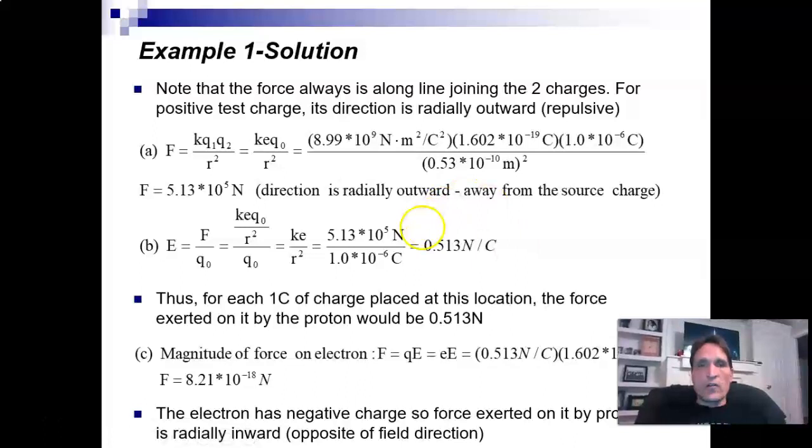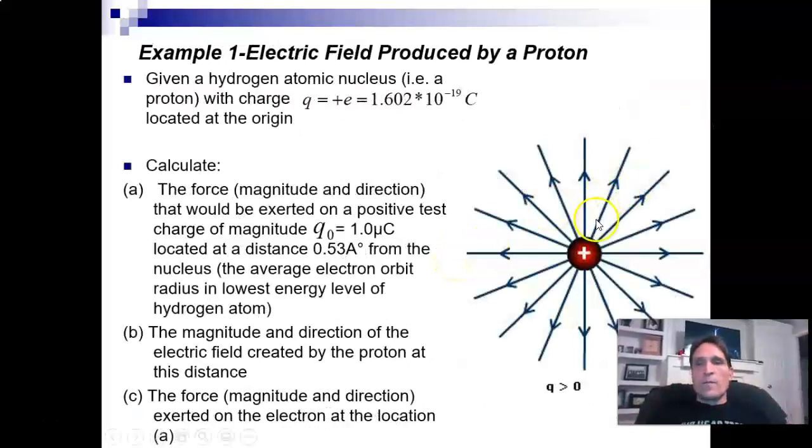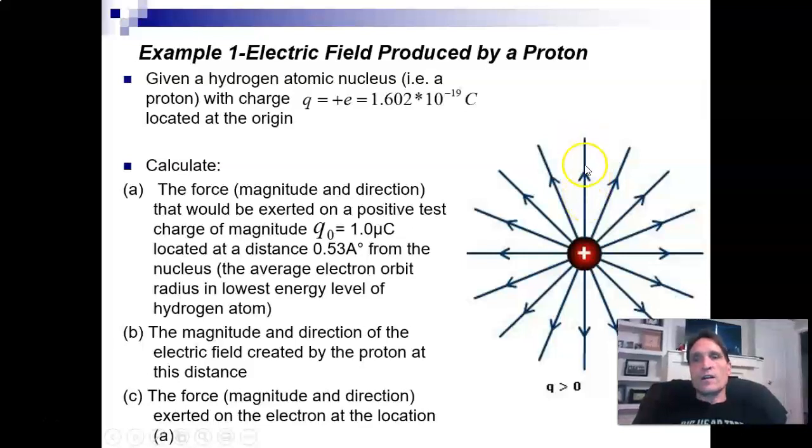Okay, and so the magnitude of the electric field at this average distance of 0.53 angstroms from the proton is 0.513 newtons per coulomb. We would draw the electric field as a radial line going outward because it's repelling the positive test charge.